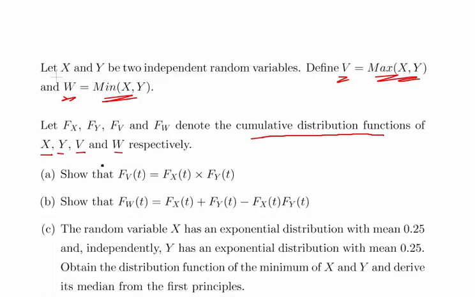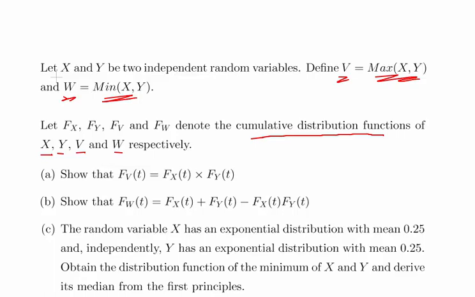And we've got two little definitions to show that the cumulative distribution of the variable v, F of v of t, is equal to the product of F of x and F of y. Okay, the product of the cumulative distributions of x and y. And similarly for the minimum w, show that F of w of t is the cumulative distribution of x plus the cumulative distribution of y minus the product of the two.